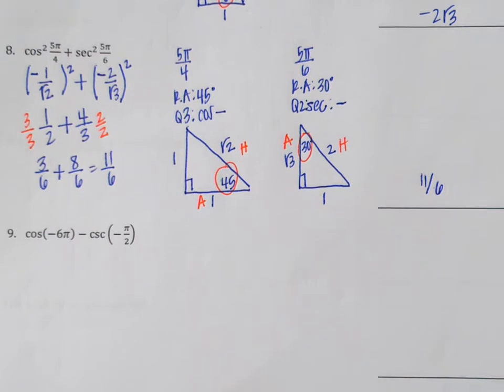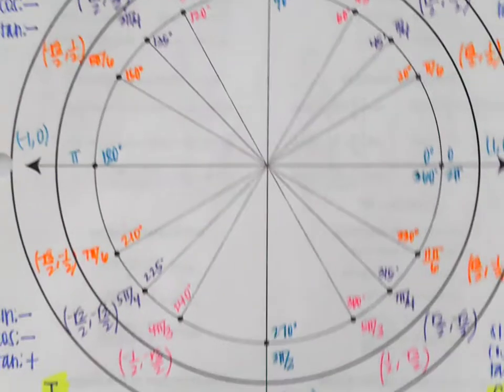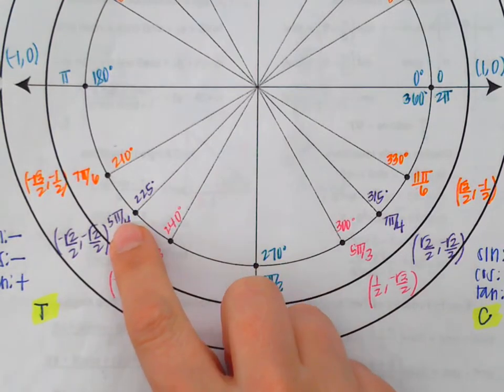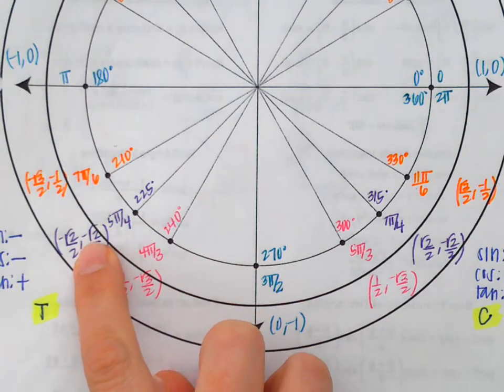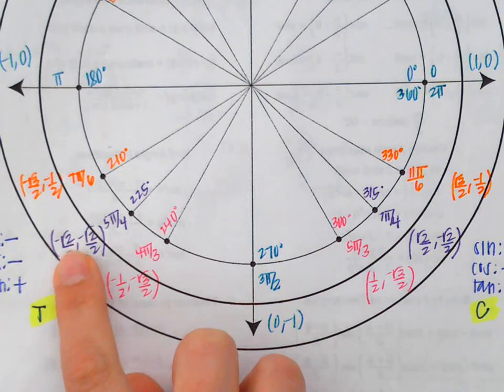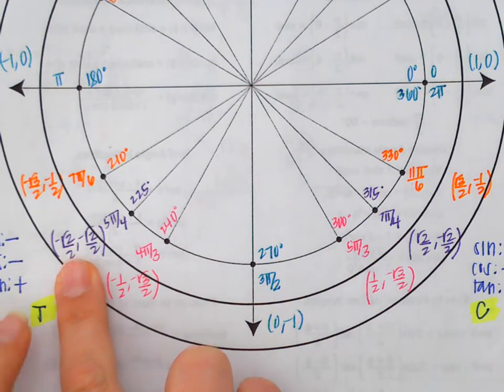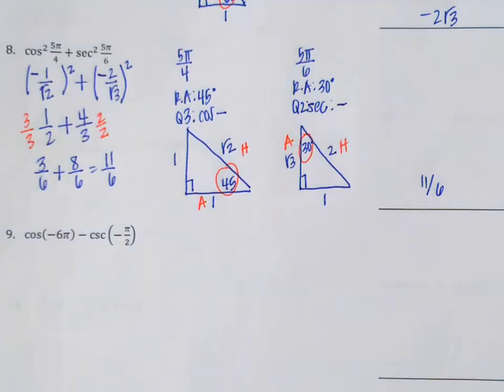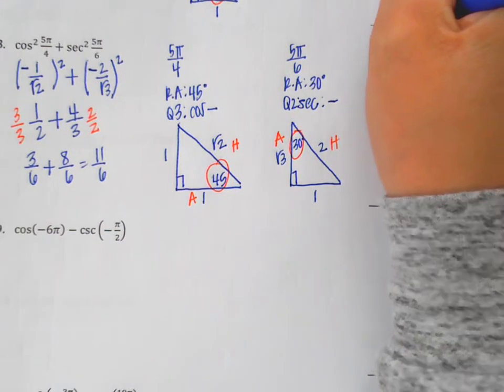And now if I were to use the unit circle, the unit circle method would be just a tad different because the denominators are already rationalized there. So cosine of 5 pi over 4, we'd go here, and cosine of 5 pi over 4 is negative rad 2 over 2. So it's the x value. So if I were to do that, why don't we write it here?